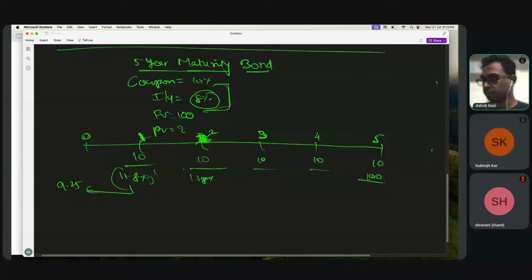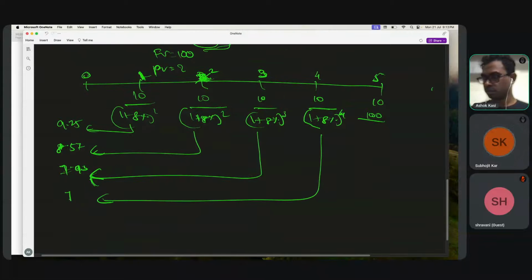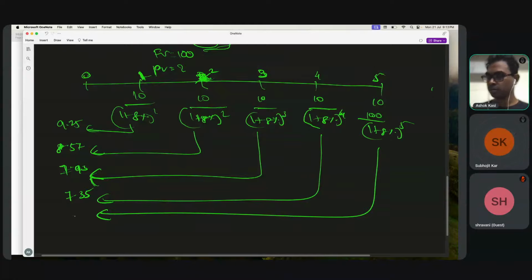Second one, 8.57. Then 7.93. Then 7.35. This is 110, so 74.86.